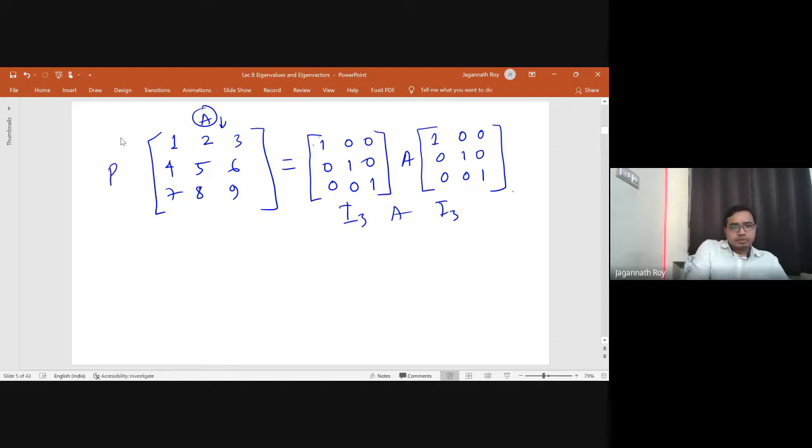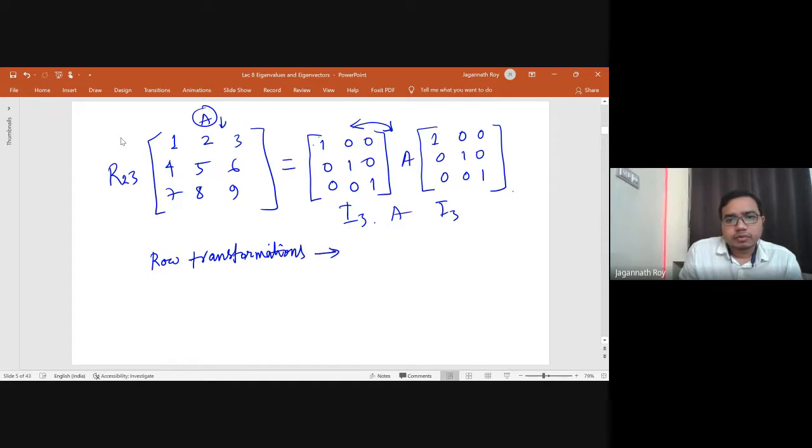Now, if we do some row operations, 2, 3, okay, so what happens? It is actually affected by the pre-multiplication. Okay, so row operations, row transformations, that means pre-multiplication.